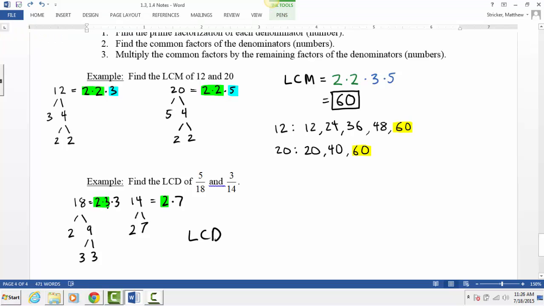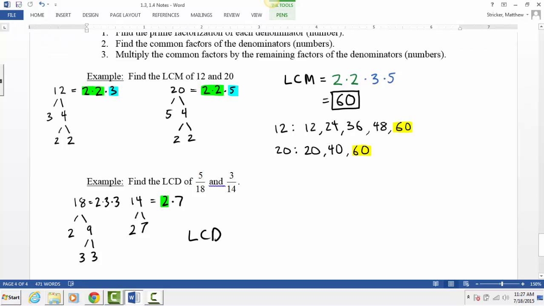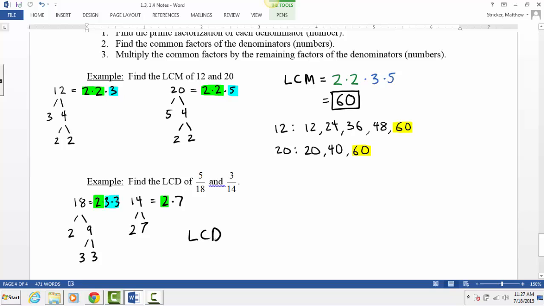I take the factors that are the same, which is they both have a 2, and then I multiply them by the factors that are different, which is 2 3's and a 7.